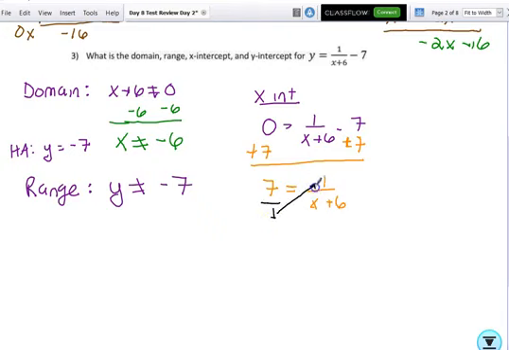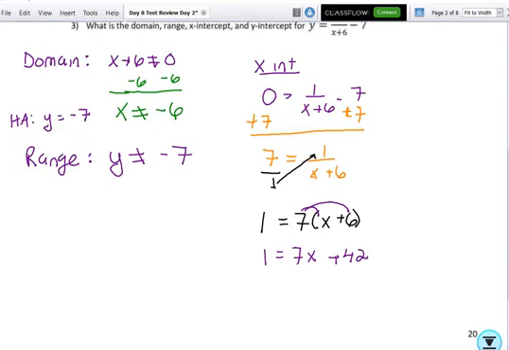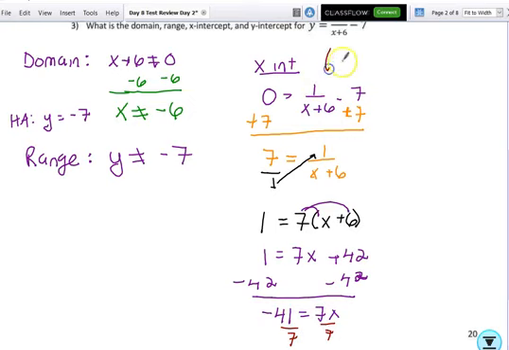Now we go 1 times 1, 7 times x plus 6. I'm going to distribute. Isolate the x. Divide by 7. So our x-intercept is negative 41 over 7, comma 0.